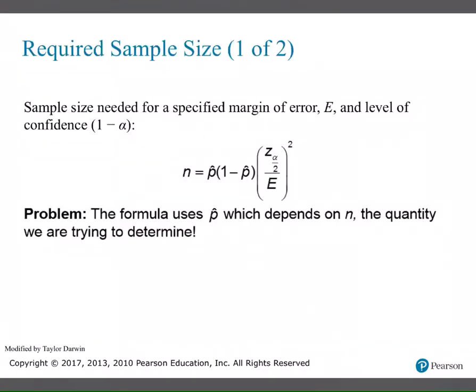So you can also use a formula to find out how much of a sample size you need to get a specific error. And you can just use this formula, which I would write down. And again, it's just plugging it into that formula, and now we're just solving for n.